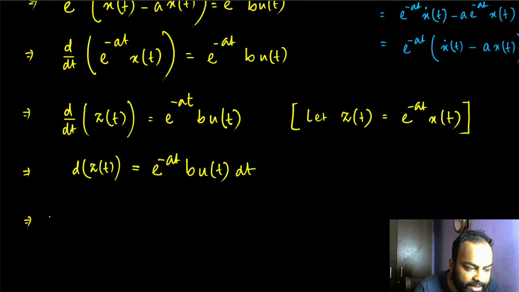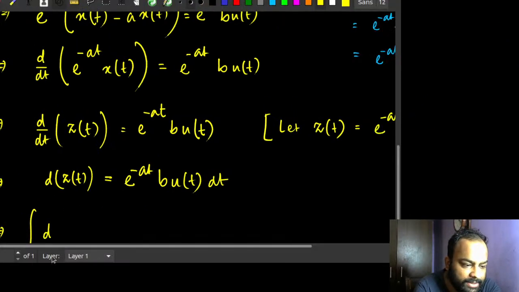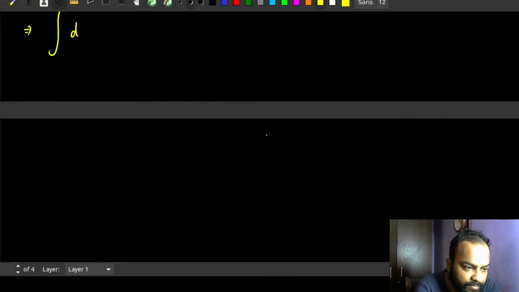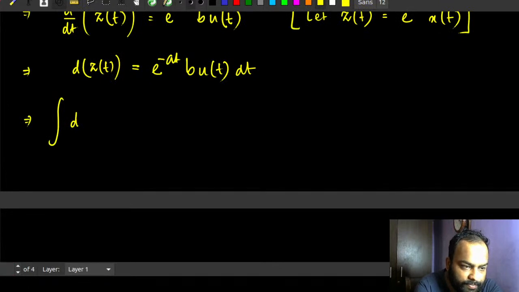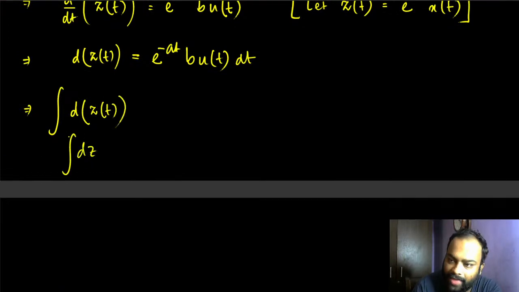Now I have to integrate it on both sides. Let me just increase the number of pages that are available. On the left hand side, I have dz, and the integral of that is simply z.